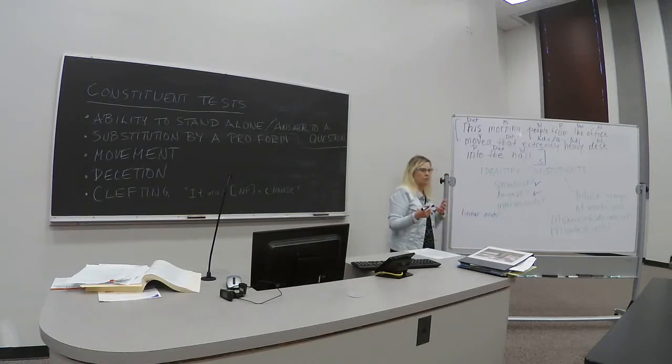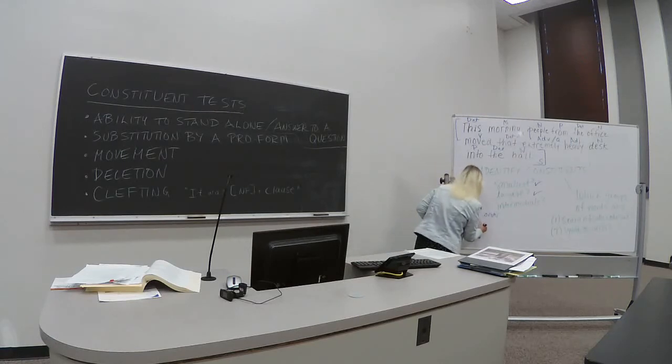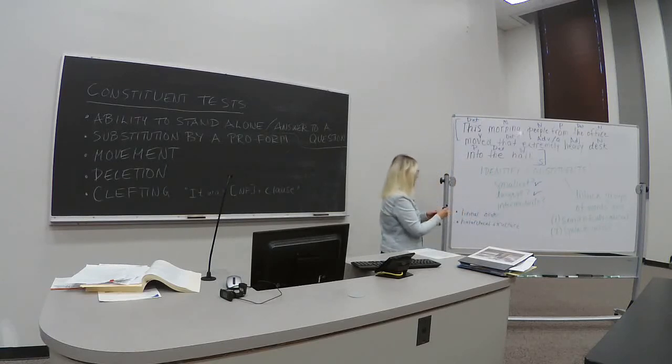They have to appear in a linear order. But the linear order is not everything. We also have to look at the hierarchical structure of the sentence, which basically means the same thing as the constituent structure.